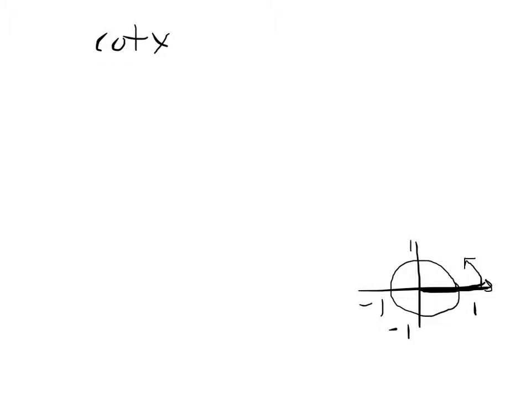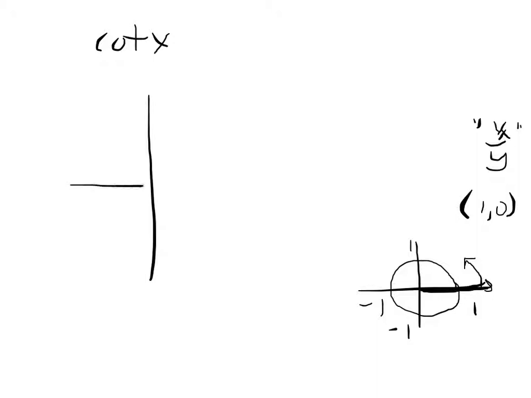We know at 0 radians, our coordinates on the unit circle are going to be 1, 0, and we know that the cotangent, we remember, is x over y. So x over y at 1, 0 is going to be 1 over 0. That's undefined, and that indeed is going to give us an asymptote here at x equals 0.